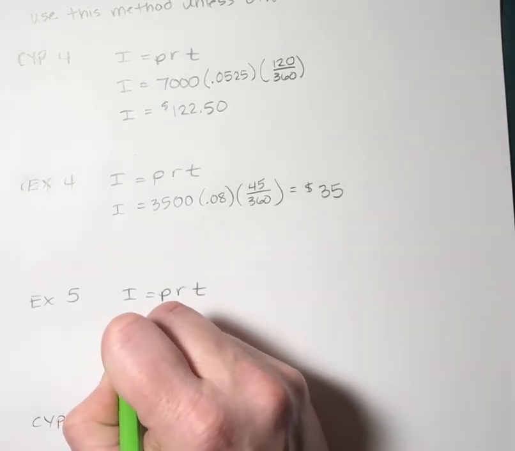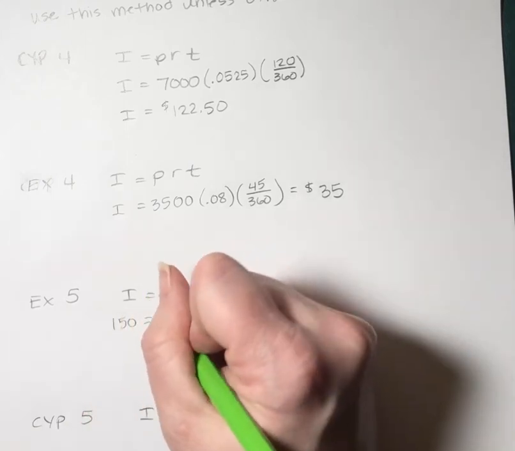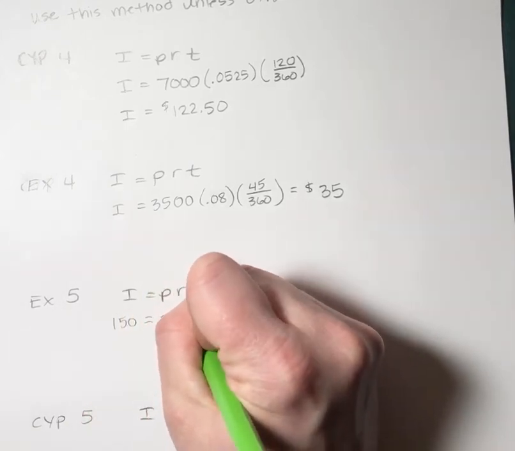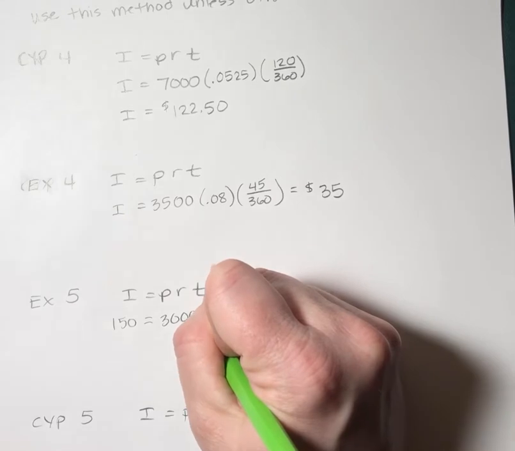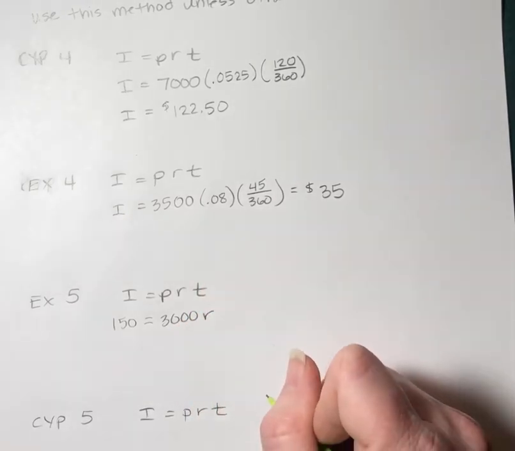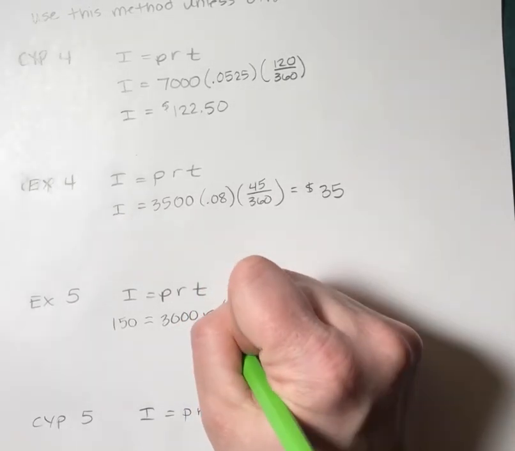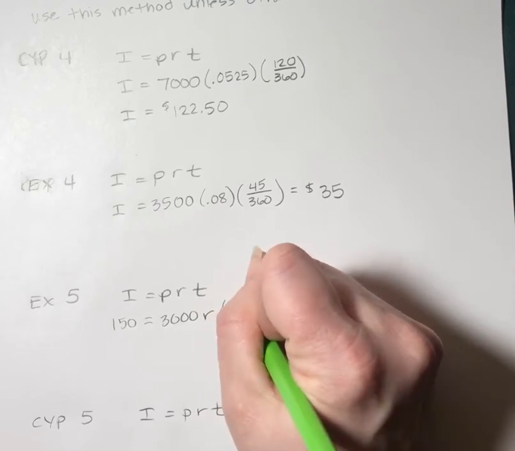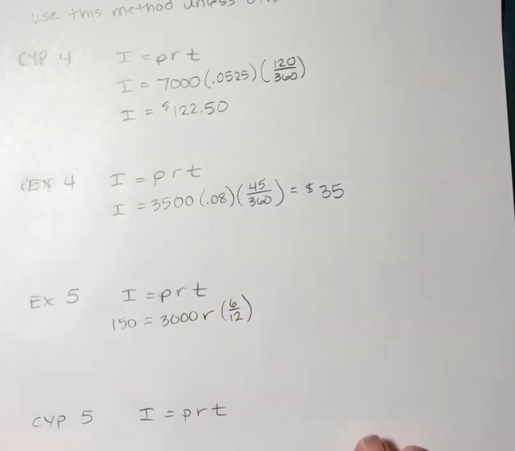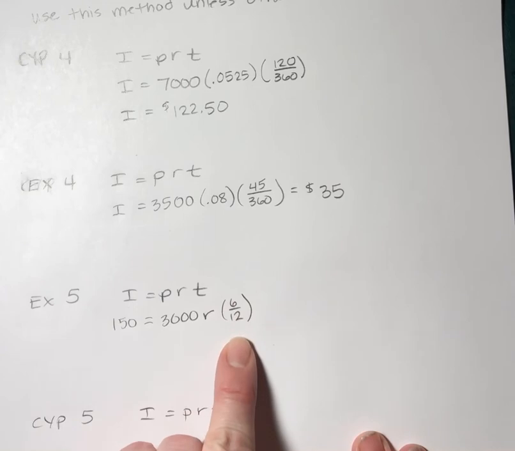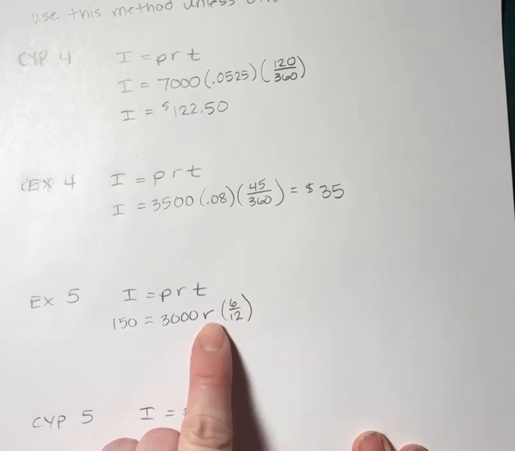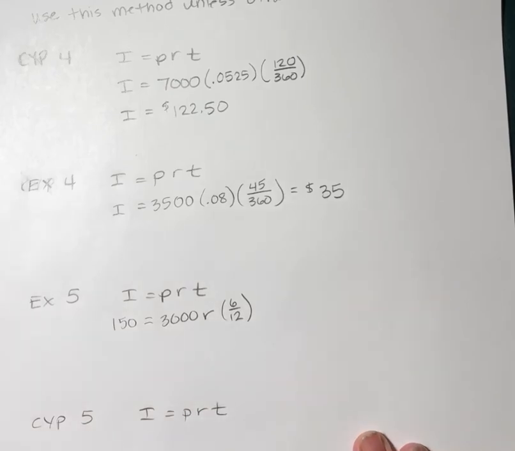The interest is $150 on a $3,000 loan for 6 months. Okay. Find the simple interest rate. So 6 months, I have to do 6 out of 12 because this is going to be annual unless they specify otherwise, and they didn't, so we know it has to be annual.